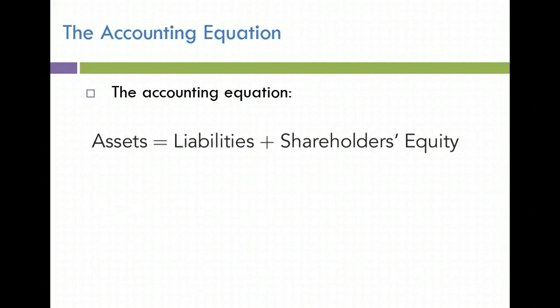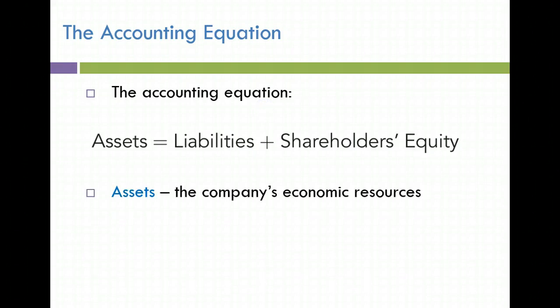Now, the accounting equation, assets. Let's think of some assets. It's a company's resources that will provide a future benefit. But can any of you just call out names of different types of assets, accounts that have assets?